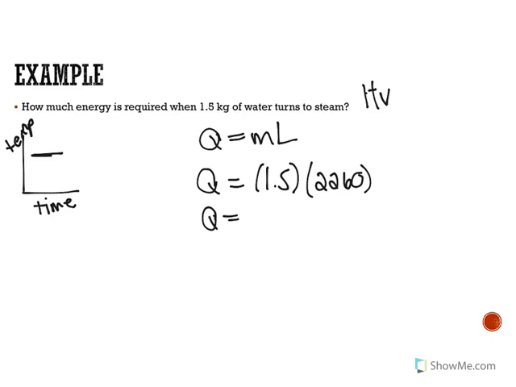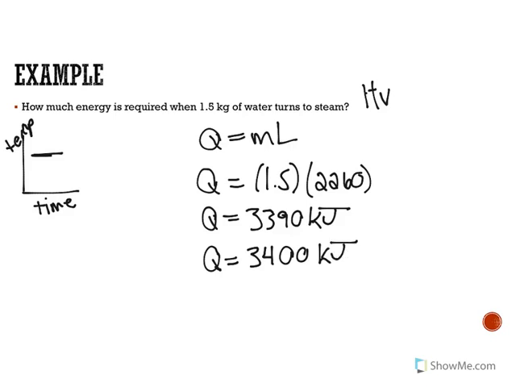So Q, if we plug this into our calculator, 1.5 times 2260, we get 3,390 kilojoules. Now that's not to proper significant figures, so let's change that to 3,400 kilojoules. Good.